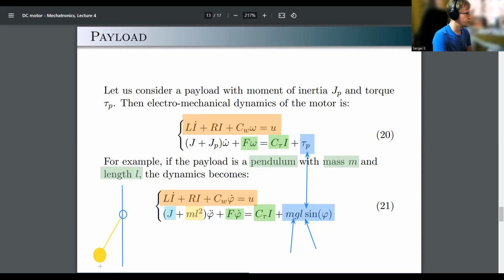The force acts down as gravity does. So this distance would be L times sine phi, if phi is this angle between the horizontal and the pendulum, and L is the length of the pendulum. Good. So this is a particular example.